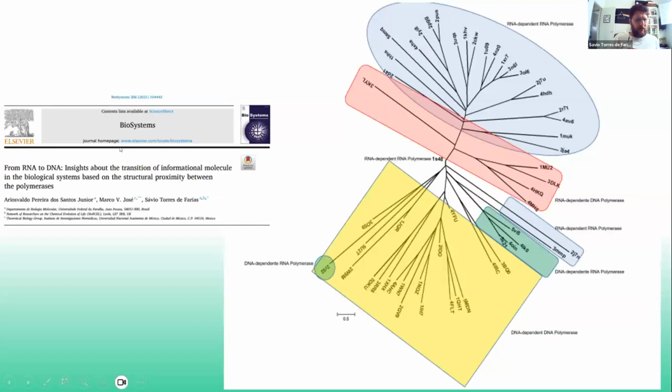In 2021, we published this paper. You can see this picture here. This picture is a tree, a structural tree, of different kinds of polymerases. On the top we have the RNA-dependent RNA polymerases. These polymerases replicate RNA molecules, and probably it was the first polymerase to emerge in the history of life.